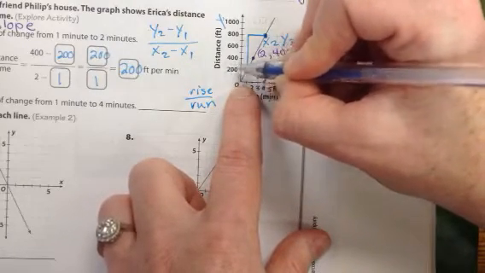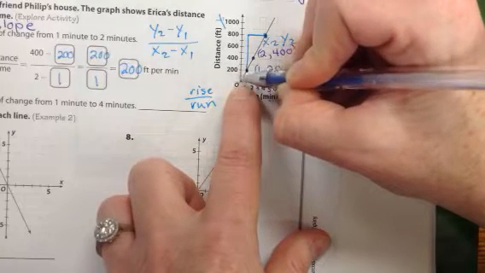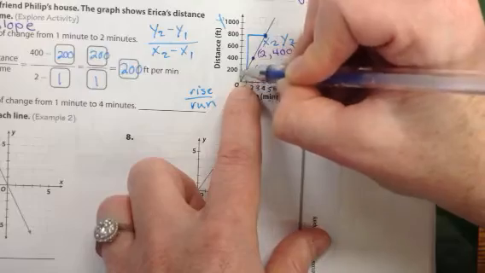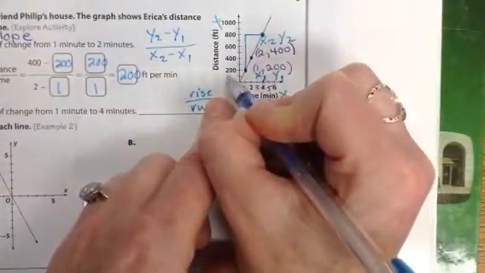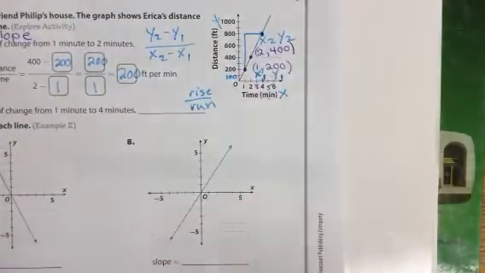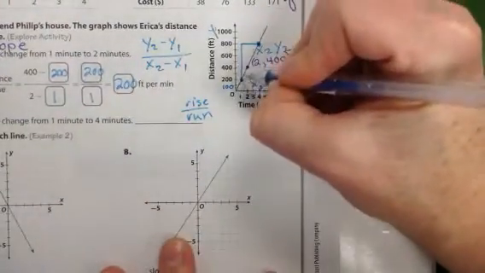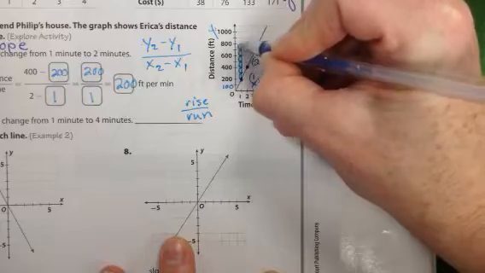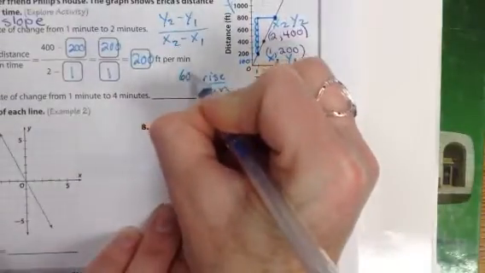So I take that first number and I divide it up into that many pieces. So 200 divided into 2 equal pieces tells me that it's counting by 100s. Okay, so for my rise, you count by 100s. Got 600.